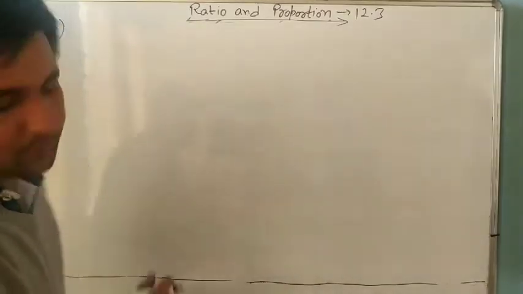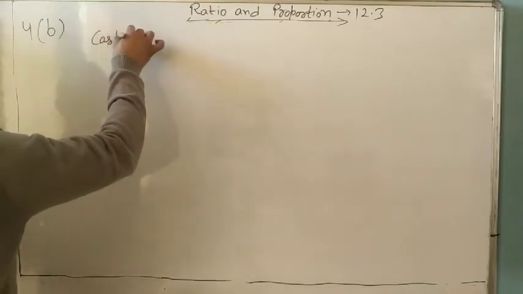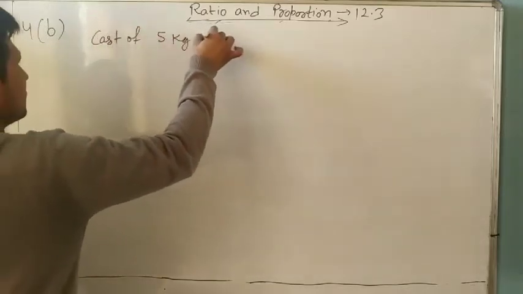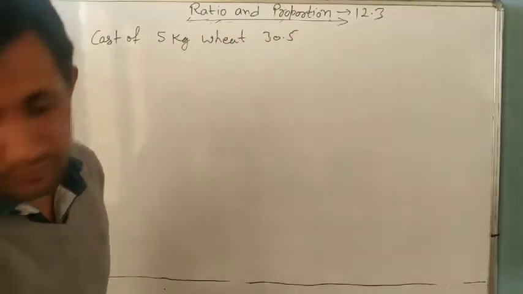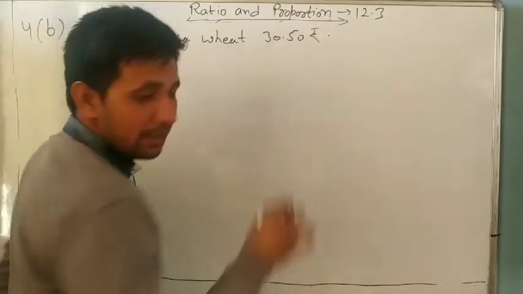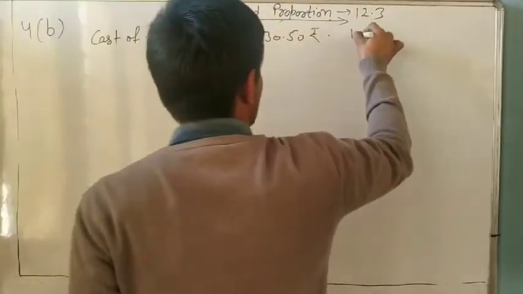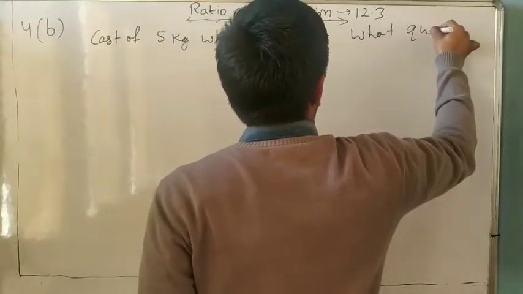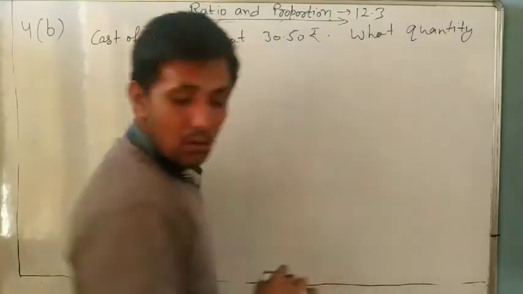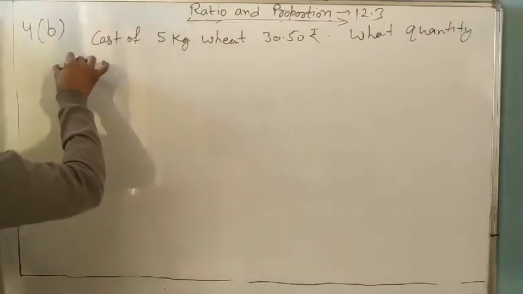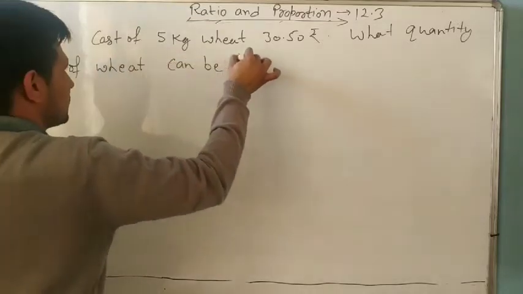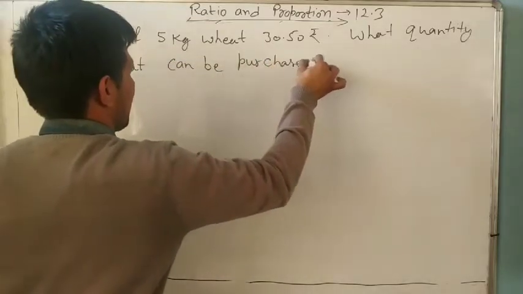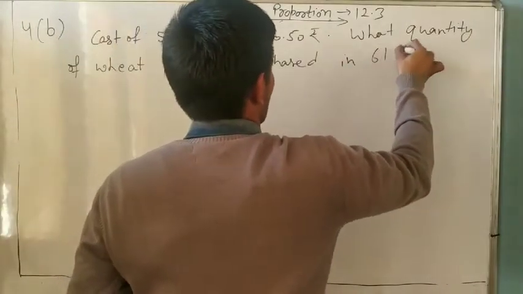The cost of 5 kg wheat is 30.50 rupees. In the B part, what quantity of wheat can be purchased in 61 rupees?